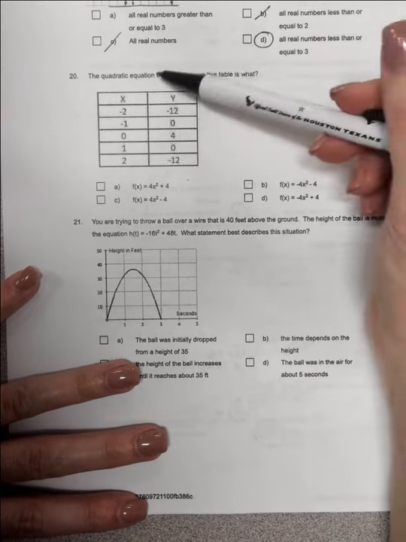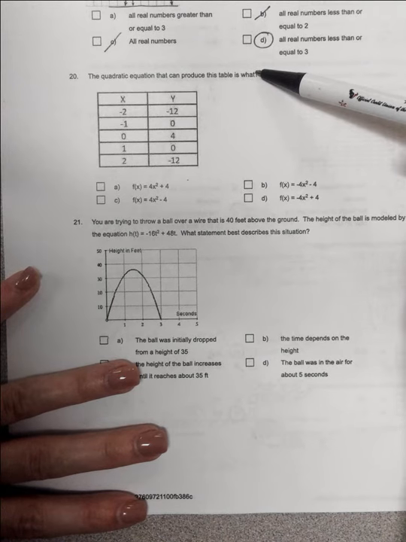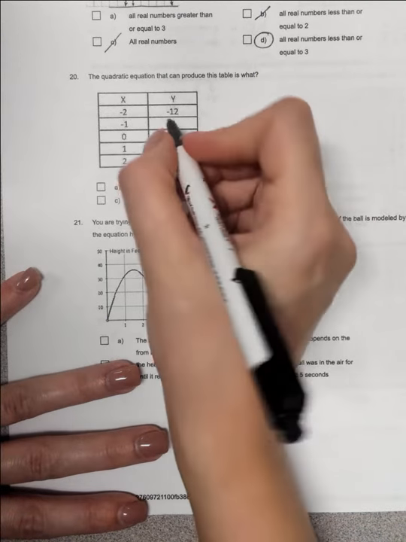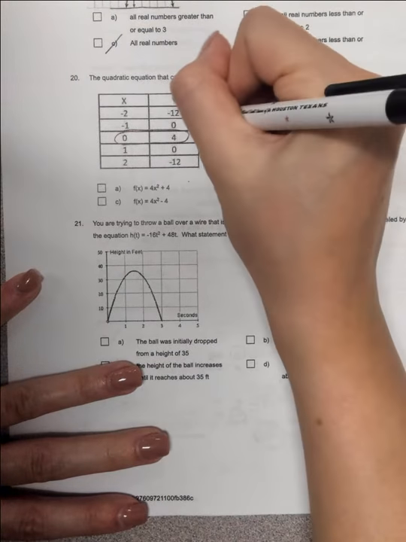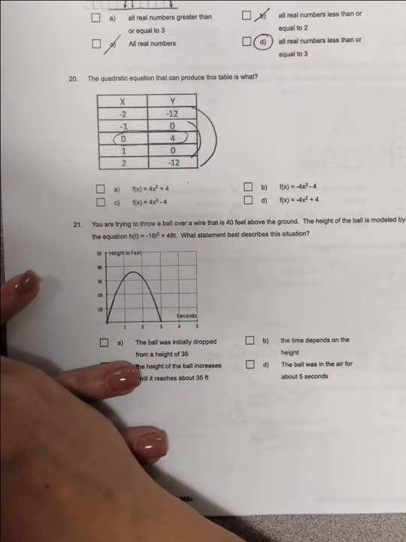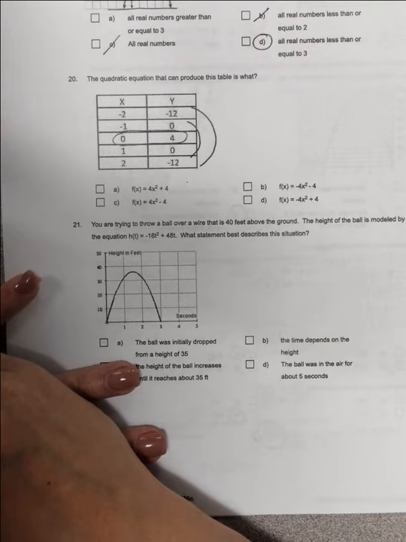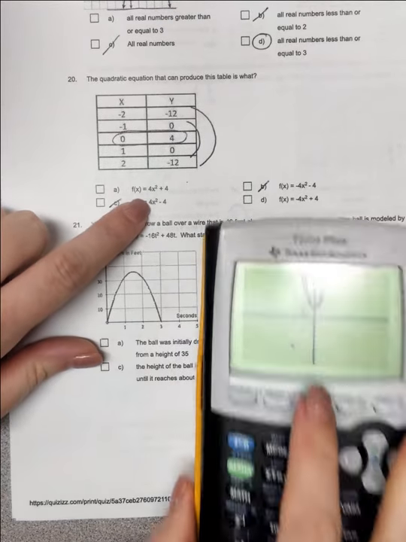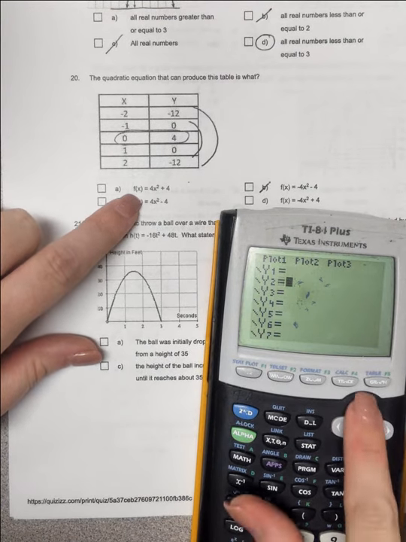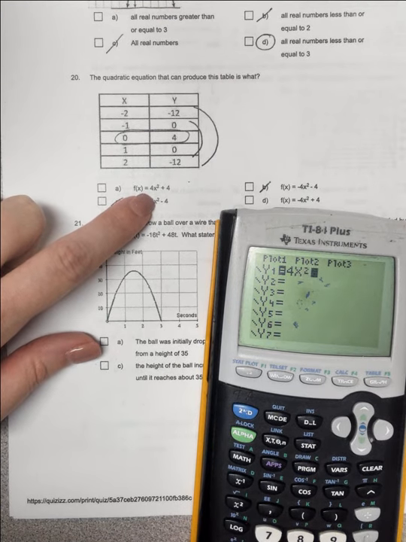The quadratic equation that can produce this table is what? Well, I'm going to look to see where my vertex is. (0, 4) is my vertex because here's a pair, here's a pair. So I know that it can't be this negative 4 right here. So let's see which one of these equations match. 4x squared plus 4.